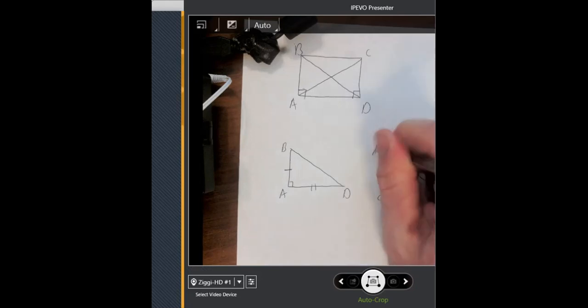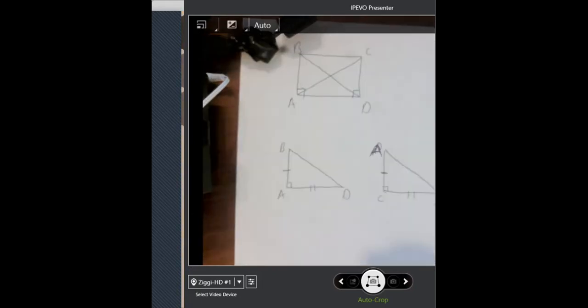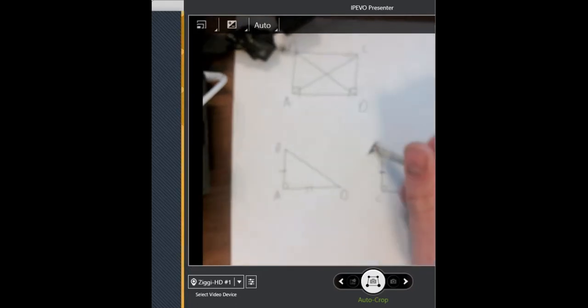And that should be point A, I'm sorry, that's point A right there. That's triangle BAD and triangle DCB.